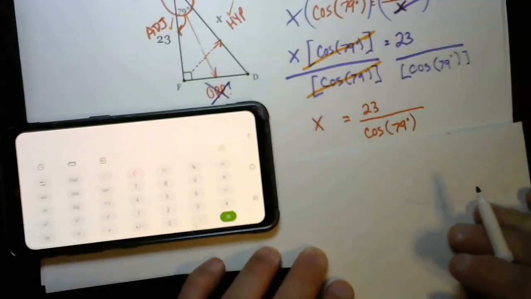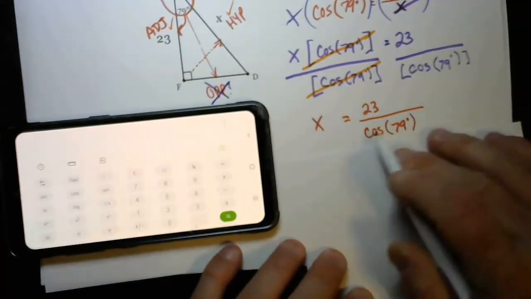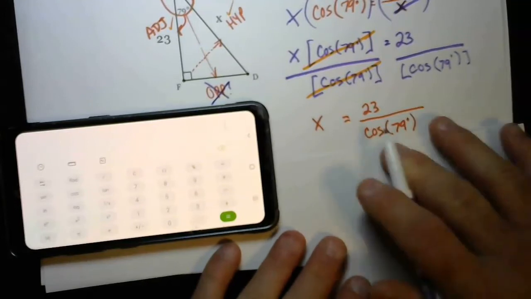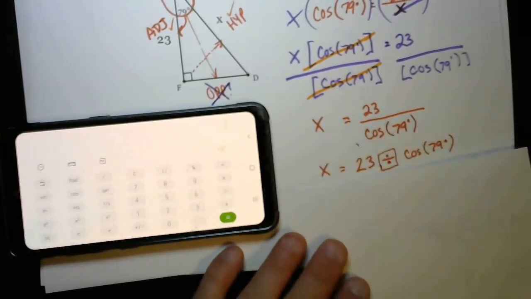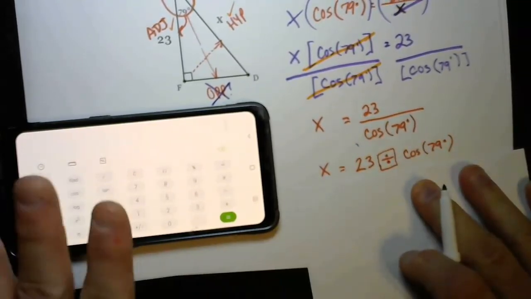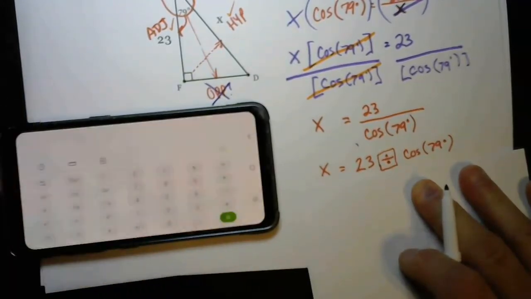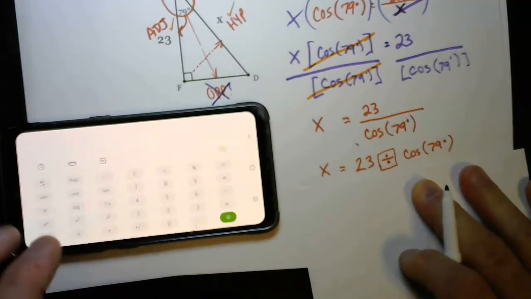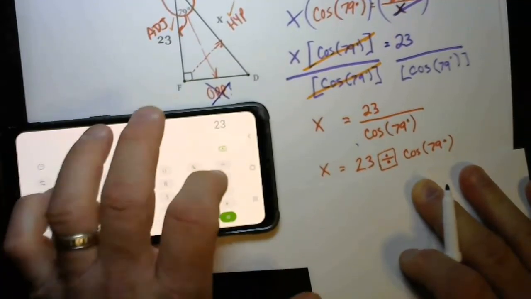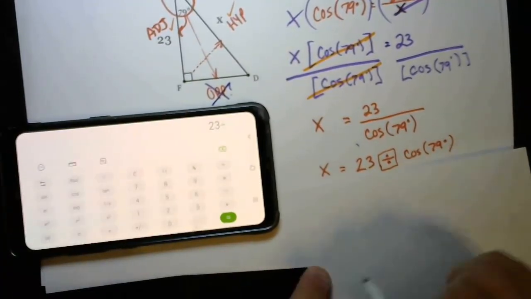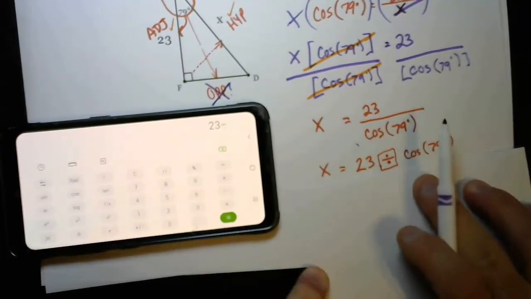So now we're going to do it again with the Samsung calculator. Remember, we just change this to 23 divided by cosine of 79. The thing I prefer about the Samsung calculator is it works just like our classroom calculator. 23 divided by cosine.